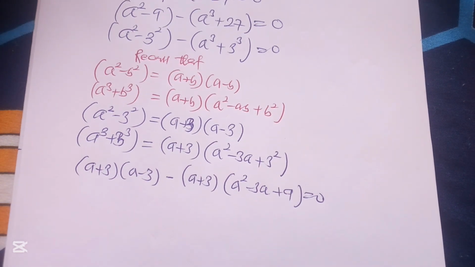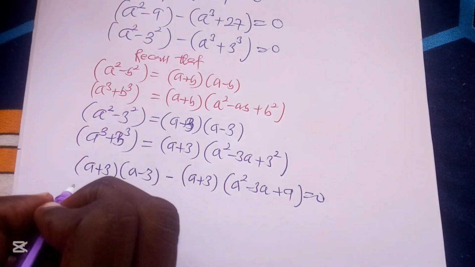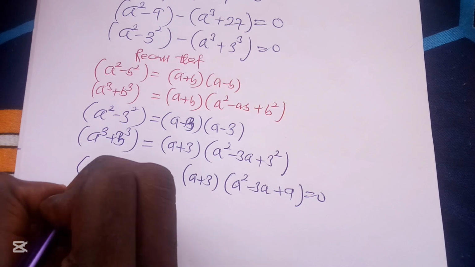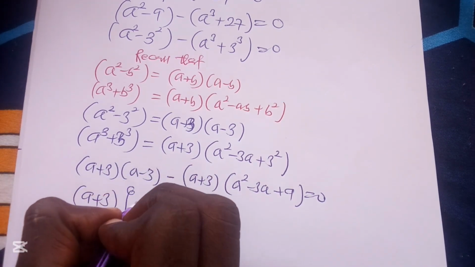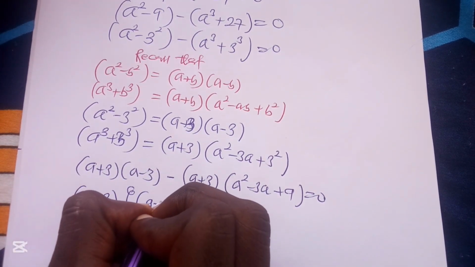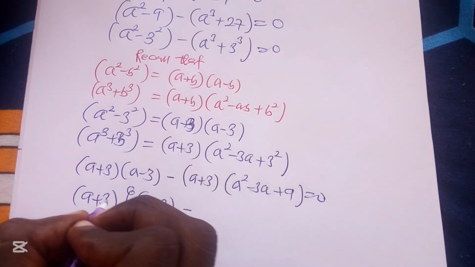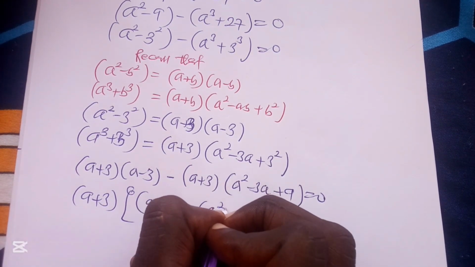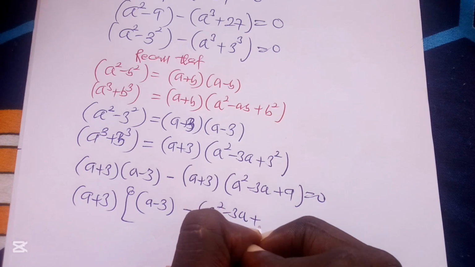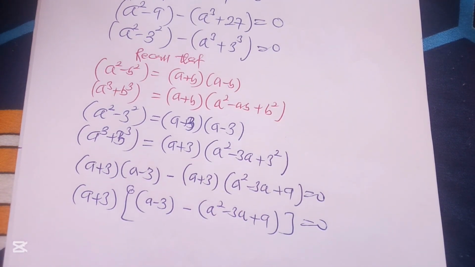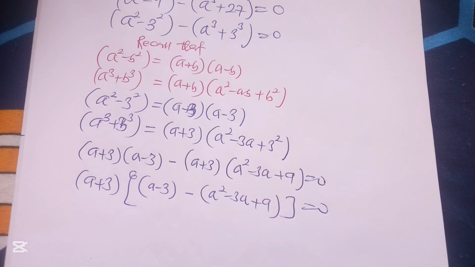It is a plus 3. We factorize a plus 3 outside. Then what remains here is a minus 3 minus, we have taken this as a common factor, into a square minus 3a plus 9. Then everything becomes 0.